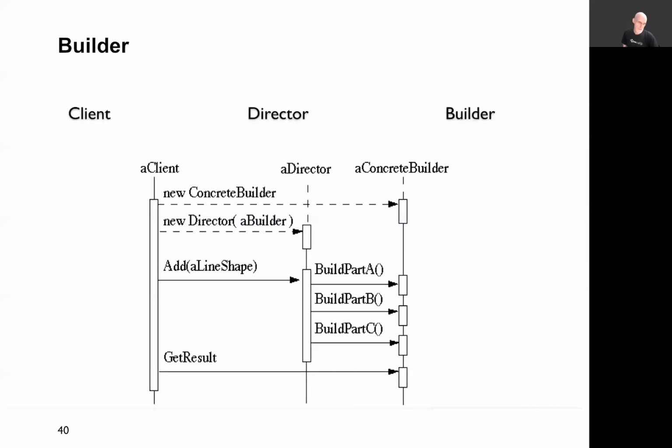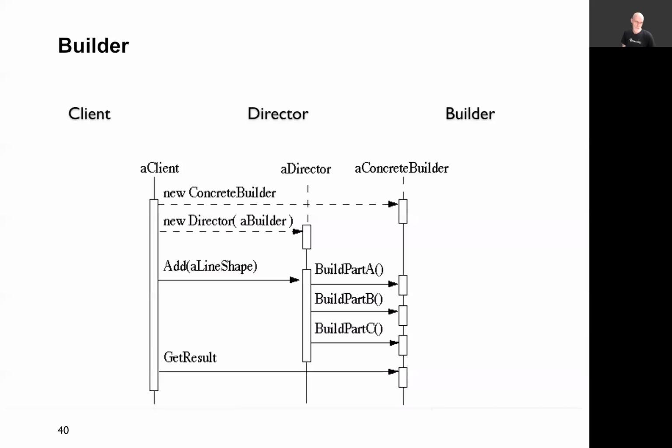In this case, maybe we're building some sort of diagram. So we create a diagram, add a line, add a rectangle here. The director doesn't actually build anything. It has a concrete builder that it tells to do the actual building.